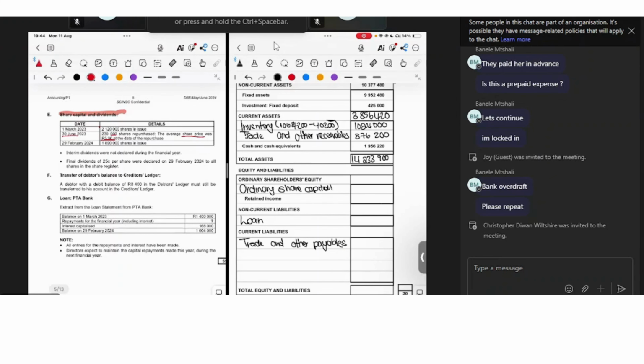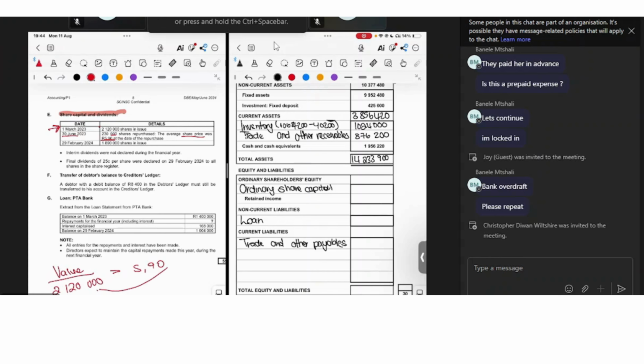So before the buyback, we only had these shares in issue, the ones from the 1st of March. So value of the shares in issue, value divided by the number, which is in this case 2,120,000 equals 5.90 Rand.